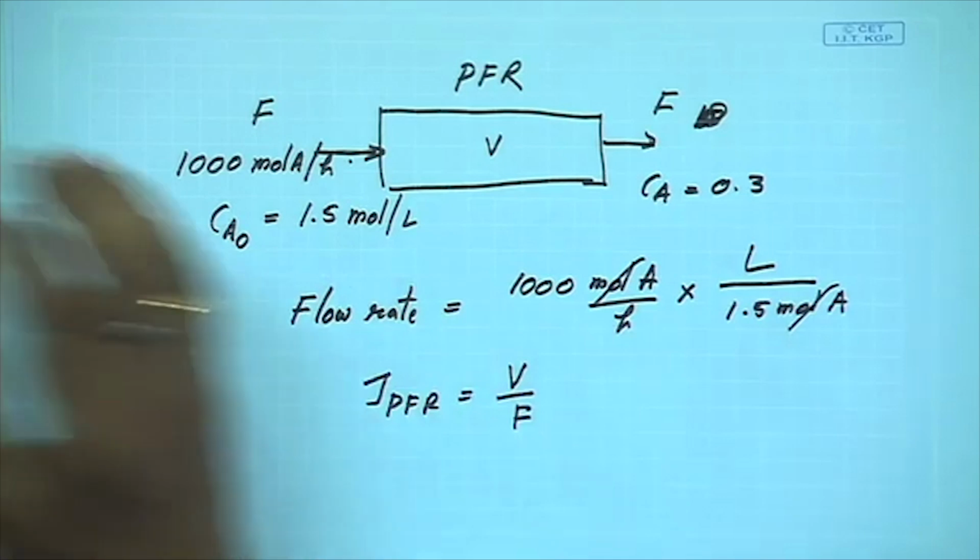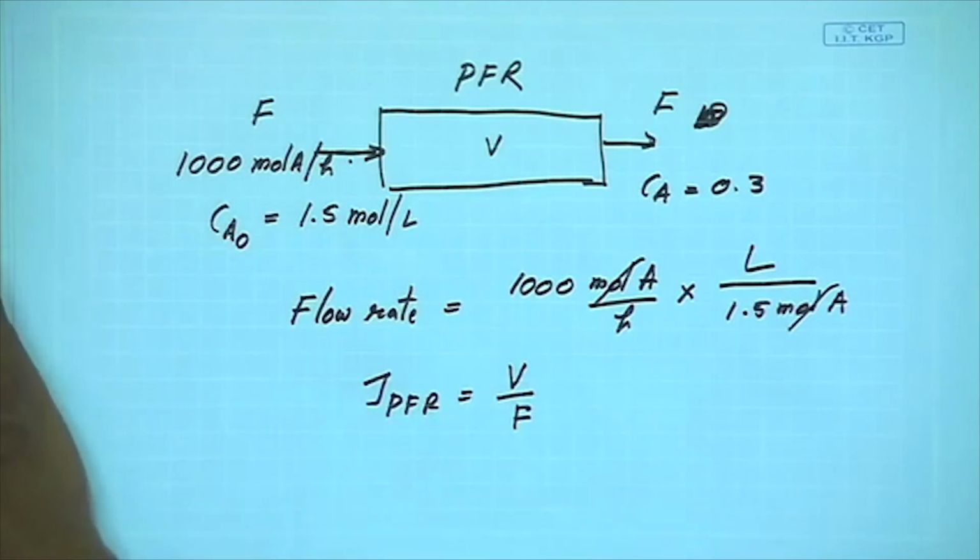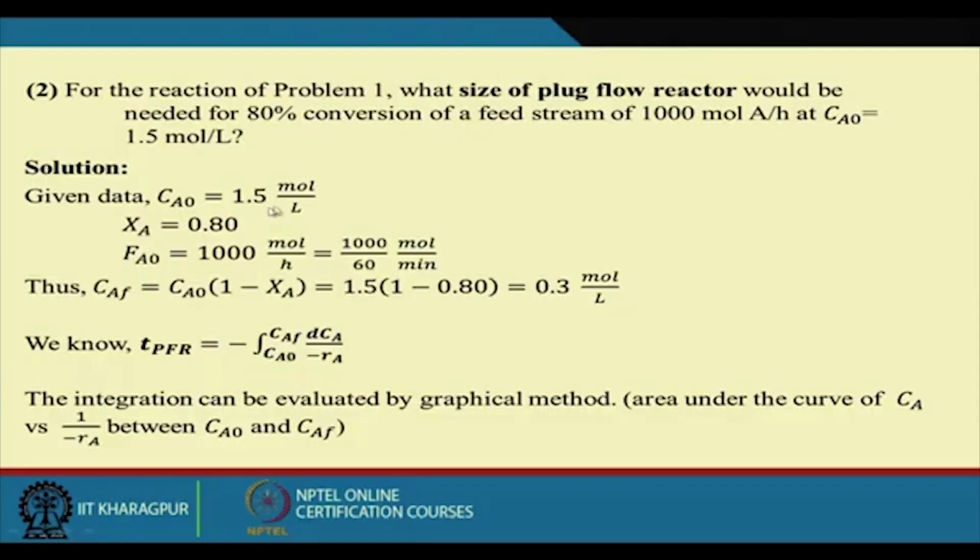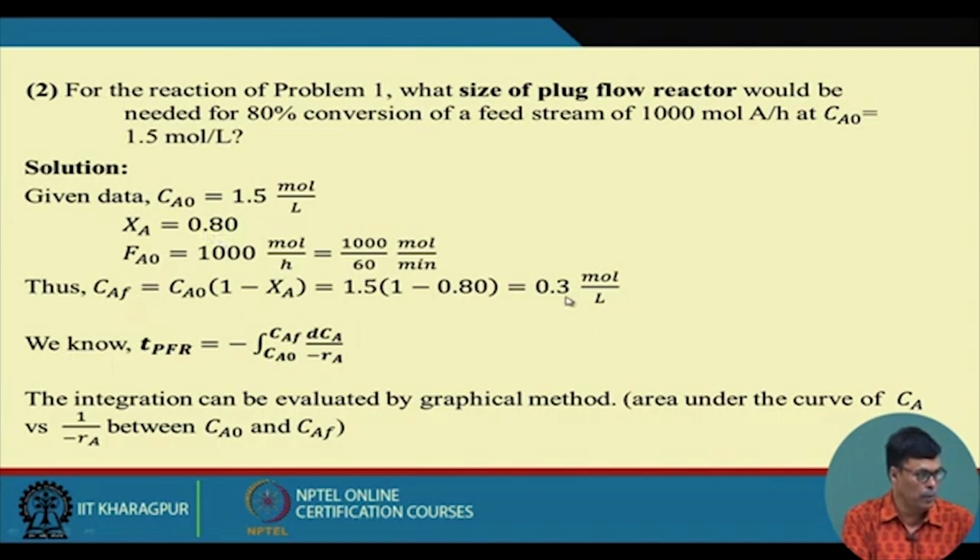Now here what we have done is Ca0 is 1.5 moles per liter. Now Xa is 0.8, so Ca final is 0.3, as I mentioned, and this is in moles per hour. Here we convert it to minutes; if you want minutes, you divide by 60.